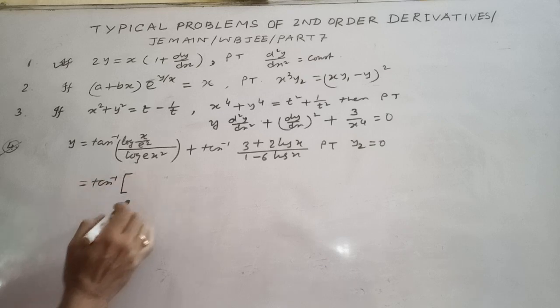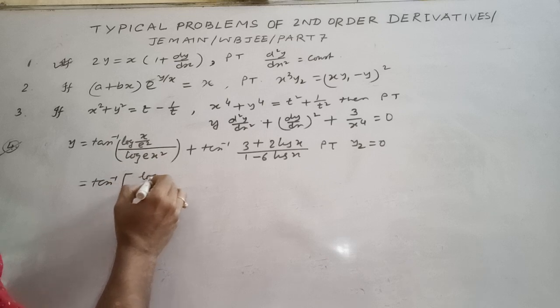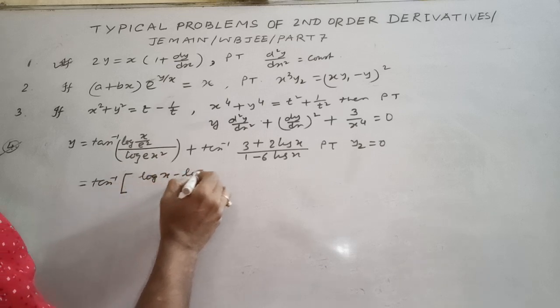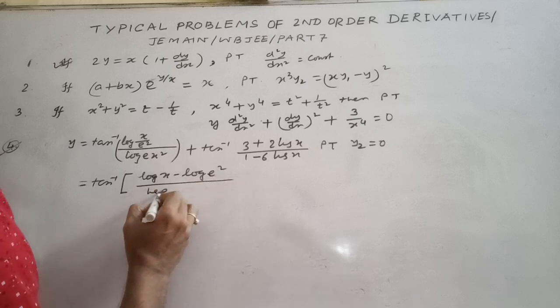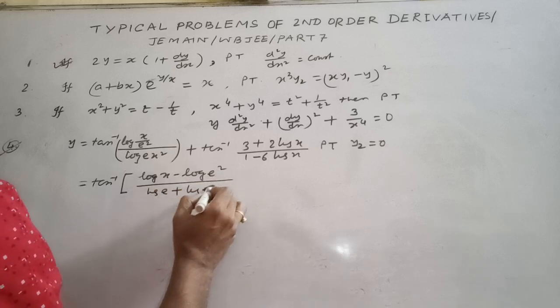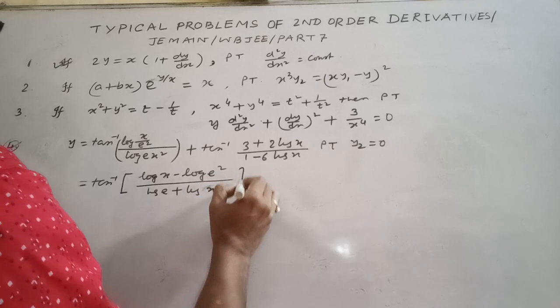The argument is (log x minus 2) by (1 plus 2 log x). So you can write log x minus log e squared, and log e plus log x squared.